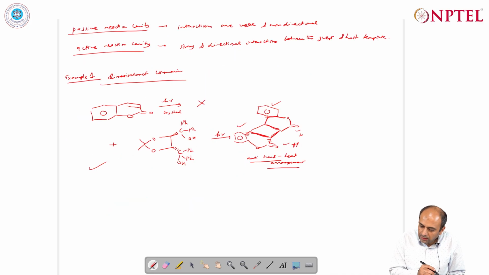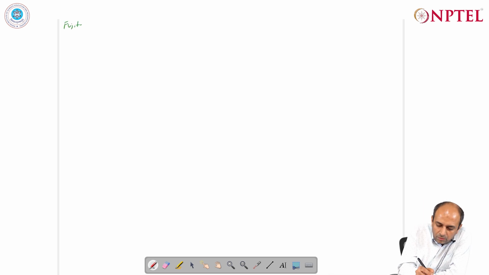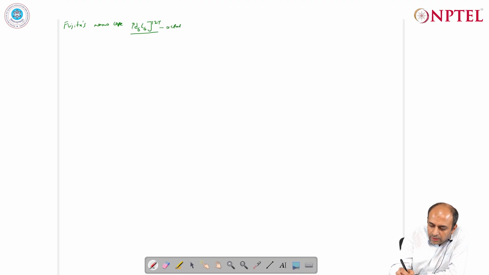We looked previously at the dimerization of coumarin in the presence of the diol compounds, and it has also been found that there are different templates that can mediate this dimerization of coumarin. For example, there have been a lot of applications of Fujita's nano cage, that is the Pd6L4 12 plus cage, the octahedral cage about which we have studied.